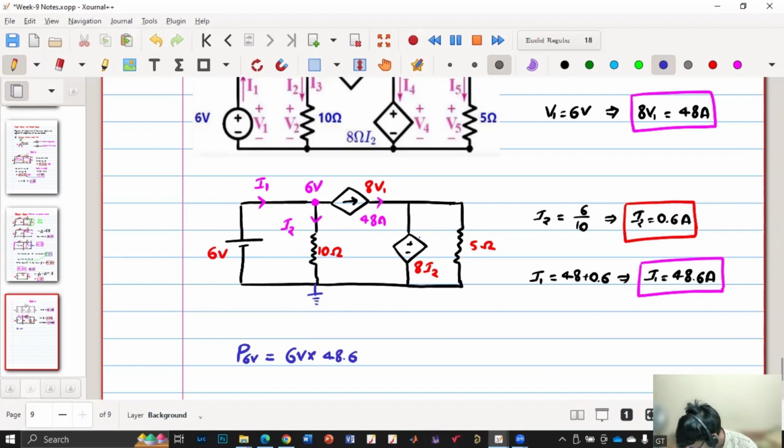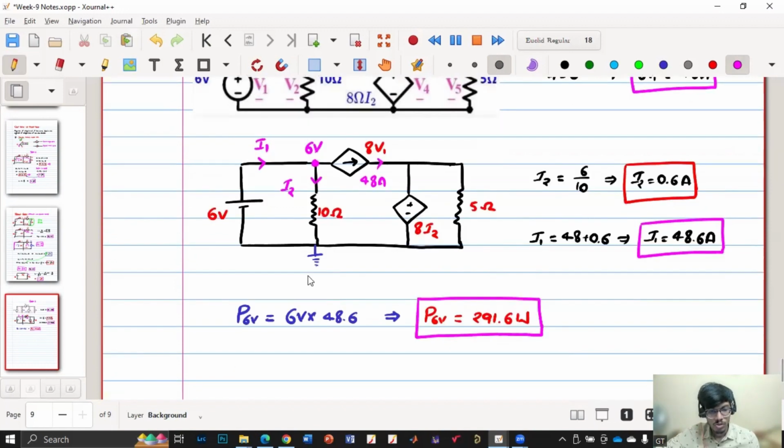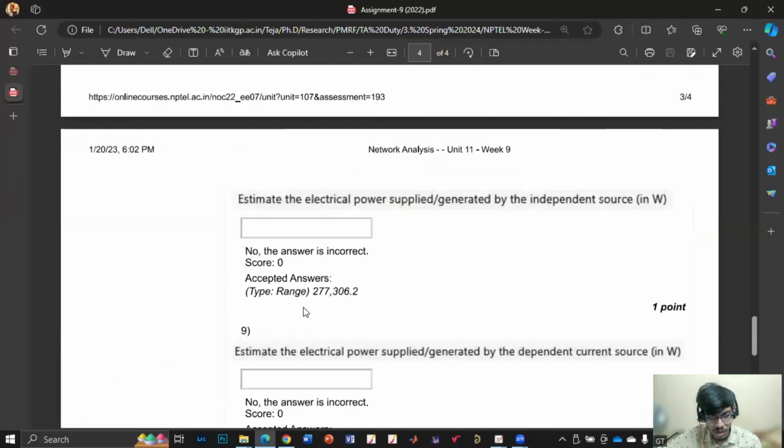So how much will we get? I have done the calculation: 291.6. Just check if you are also getting the same thing or not. Yes, sir. Okay, so 6 volts gives 291.6.